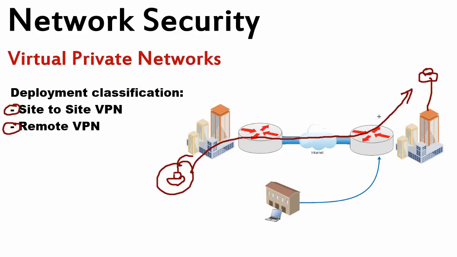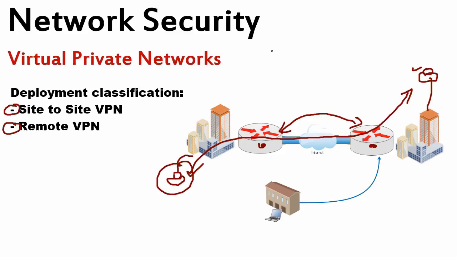To make it happen, we need a VPN connection that will be established between these two sites, not between these two PCs, in most cases between these two sites, using a dedicated device. It can be a router, it can be a firewall, it can be a VPN server. In most cases you will have a dedicated device.